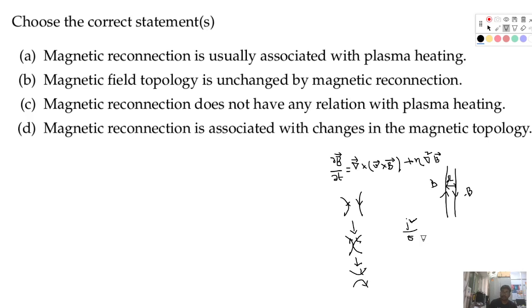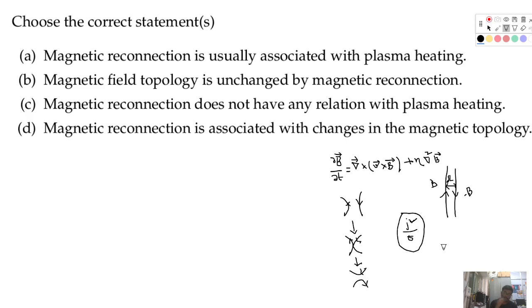J depends upon the total current over the unit area. Since we are bringing two magnetic field lines close to each other, merging with each other, the area over which the current sheet exists will decrease, which leads to the maximization of your current density, and that leads to the maximization of this term. Therefore the plasma heating will be dominant there.